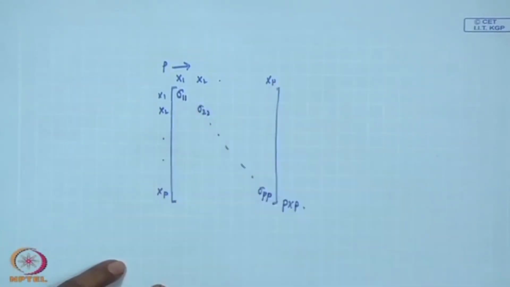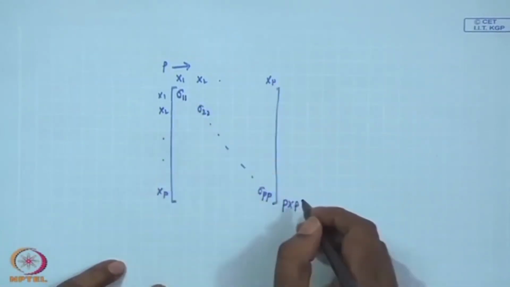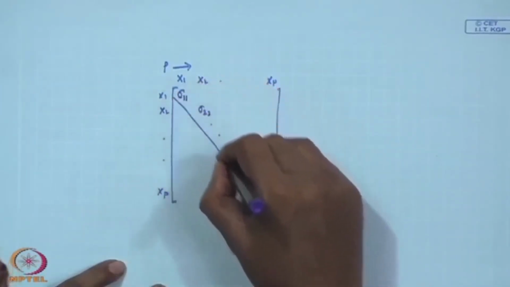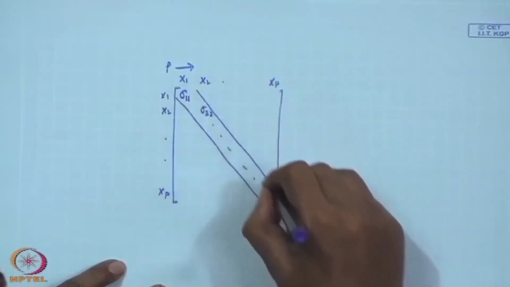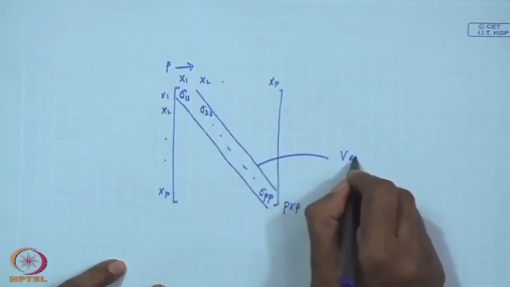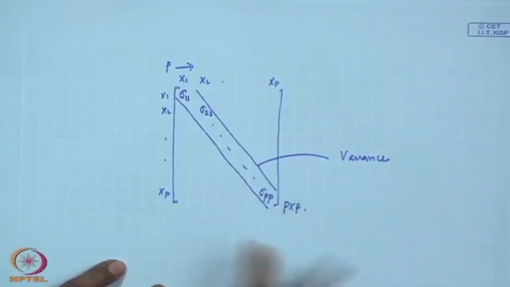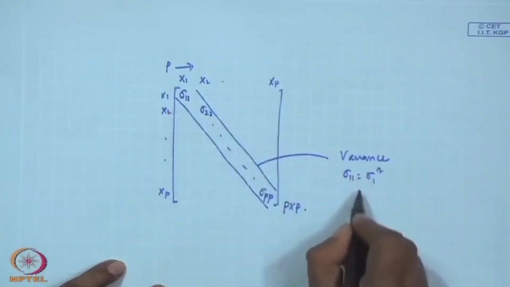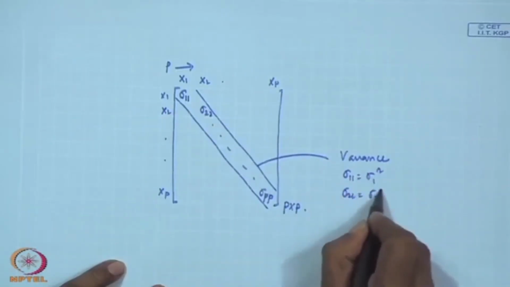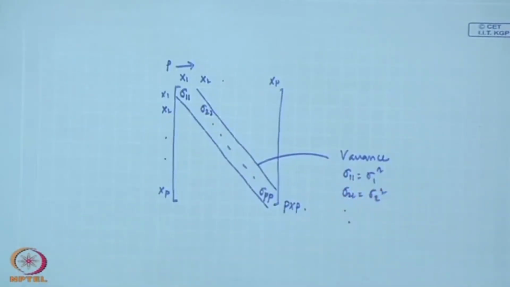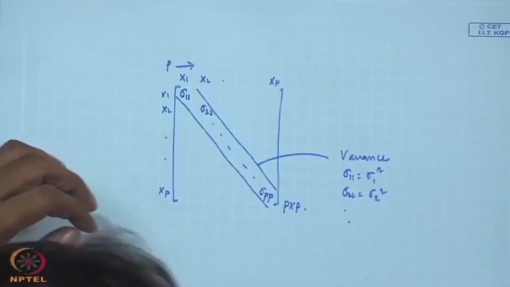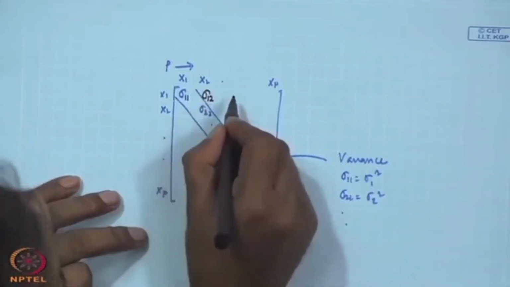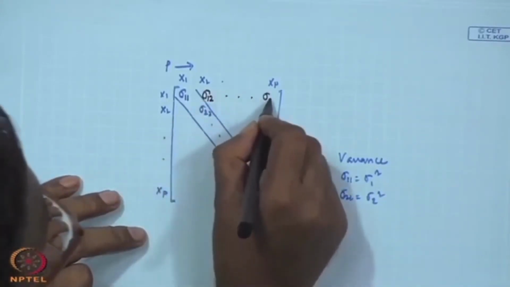All the elements on the diagonal are the variance component, the variance part of the variable; as I told you, sigma 1 1 equals sigma 1 square, sigma 2 2 equals sigma 2 square, like this. Then the off diagonal elements will be covariance. So, what will be this? Sigma 1 2, sigma 1 p.